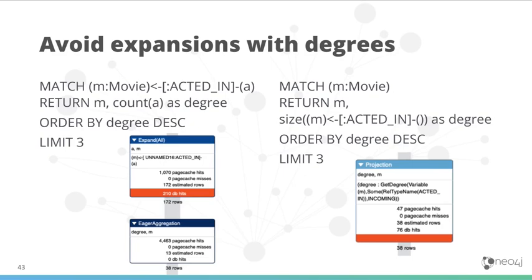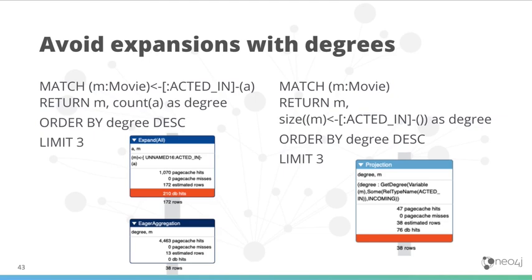In certain types of queries, when we're interested in the count of certain degrees, but not so much interested in anything about the node at the other end, we can leverage something called degrees of relationships, as opposed to actually doing an expansion of the relationships to the node on the other side. The difference here, we match out a movie where someone has acted in it, and we use a count aggregation to get the degree.